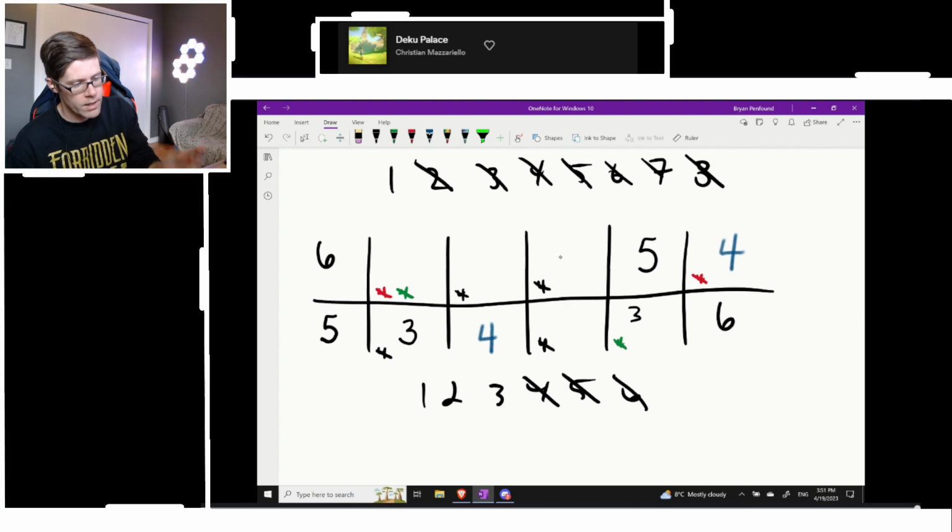If I put it here, that won't work because we have this L shape. As soon as we have this L shape, so I've noticed this, if we have a shape that looks like this, we can't put 1s and 2s here.